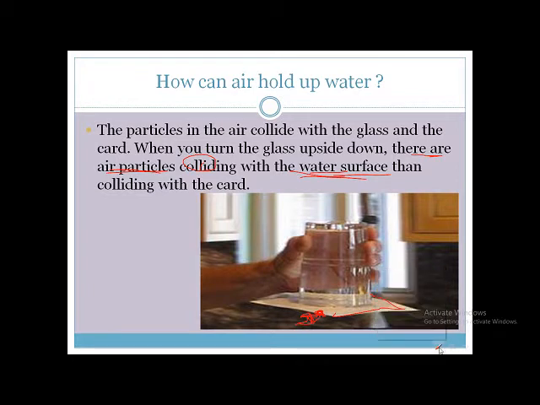Now we'll try to understand everything about that. I will clean up everything here. So we have a glass, and we turn the glass upside down and the water does not fall down. So the question is, why does this water not just fall down and stay inside the glass?